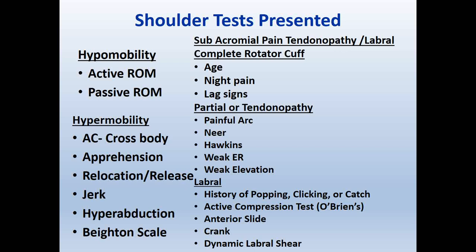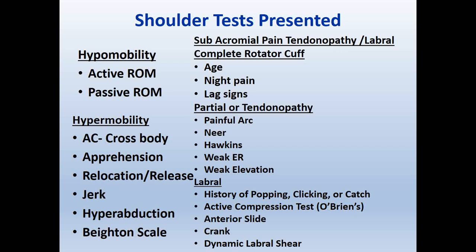So when you assess hypo and then hypermobility, now you're confident that they don't have those. You can start to look at the more common. I think if you reverse it, it makes it a little bit more difficult to assure that you have identified all the possible causes. Subacromial pain is a diagnosis of exclusion, meaning I want to rule out all these other things.